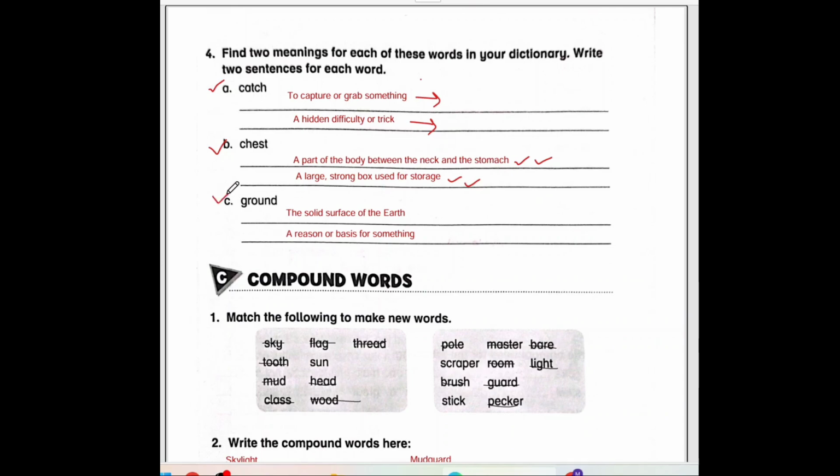So its part C is ground. Its two meanings are the solid surface of the earth, and the other meaning could be a reason or basis for something. So let's make a sentence for the first one. The glass fell on the ground. And let's make sentence for the other meaning.